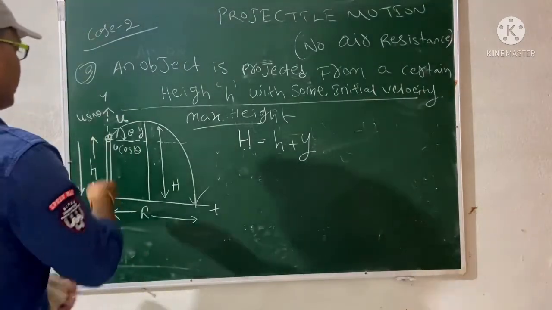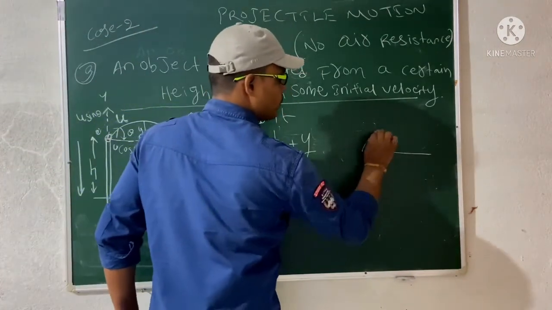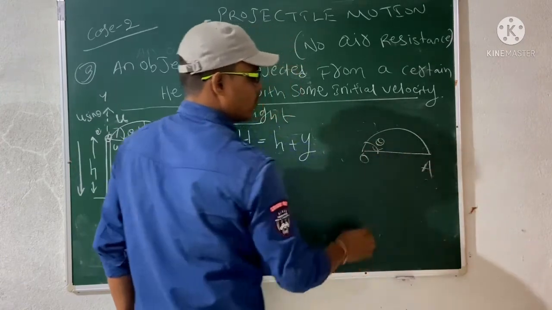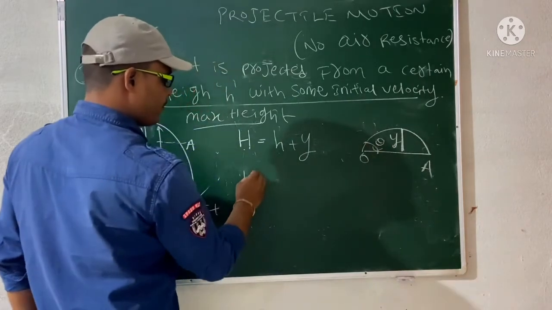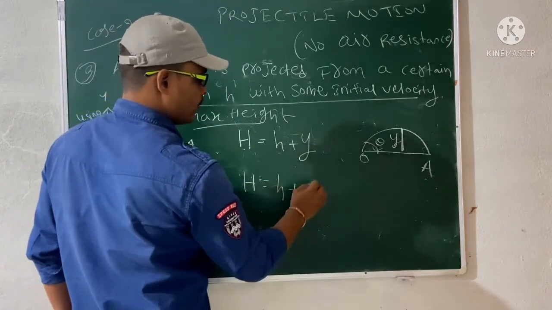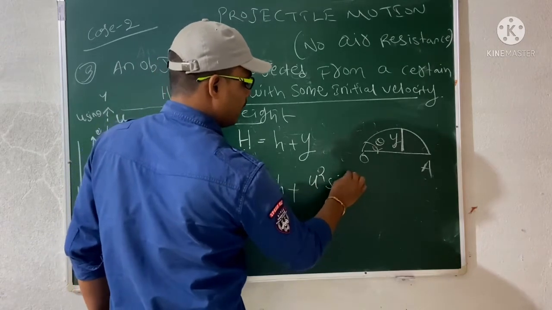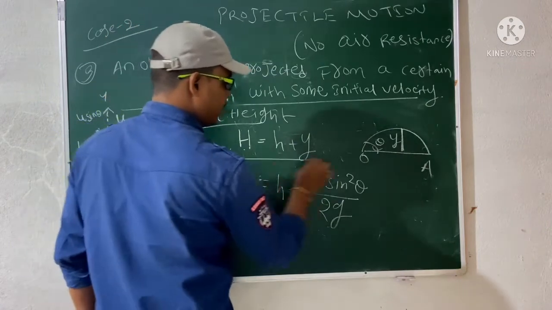If you look to the case, that is O2A, that is our first case of projectile motion. So what is the maximum height? This is y. We know that y equal to u square sin square theta divided by 2g. Right. So this is the maximum height.